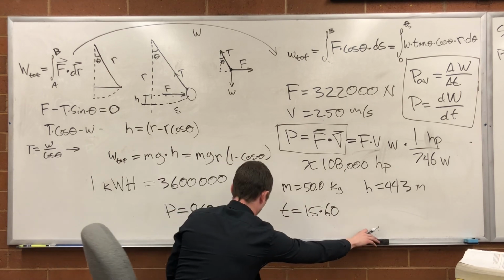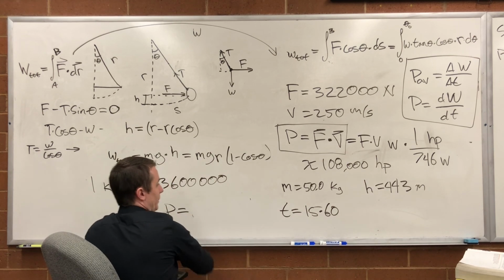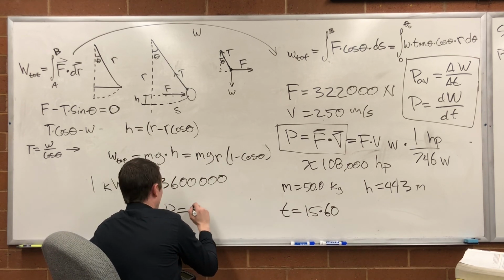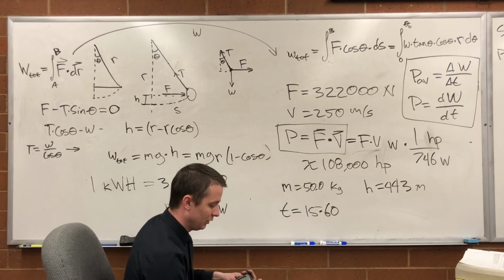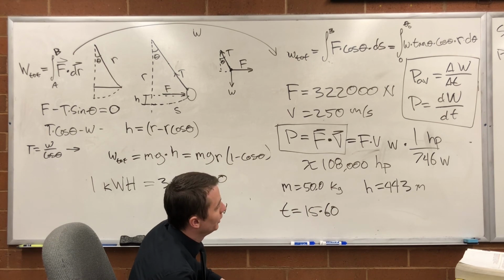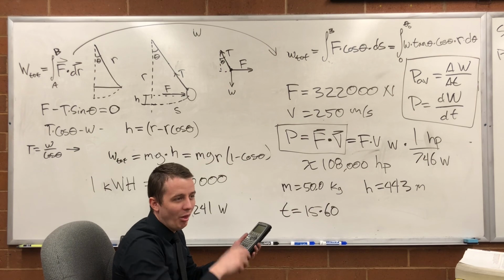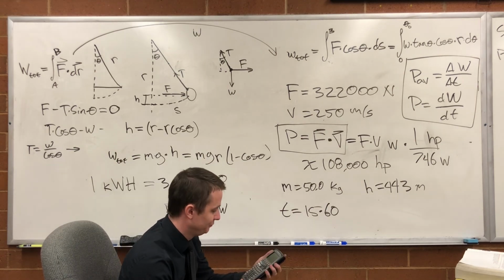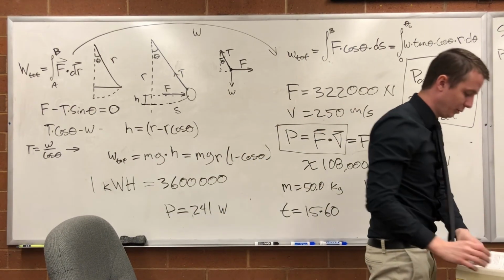There we go. 241 watts. She's definitely not being more powerful than a horse while doing this, and 1 horsepower is 746 watts. Oh, I see. Yeah. And let's check it again, 241 watts.